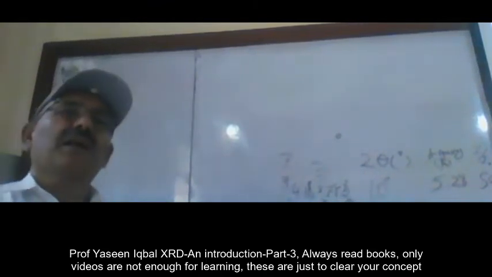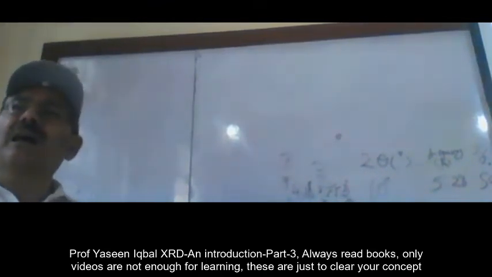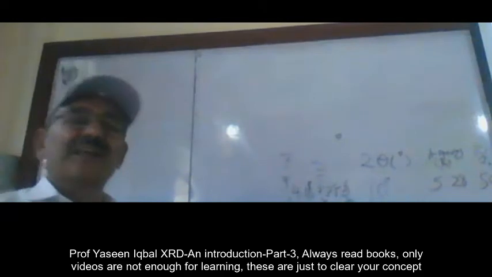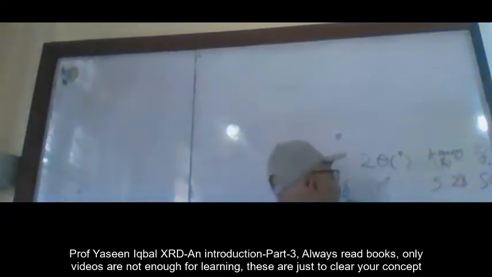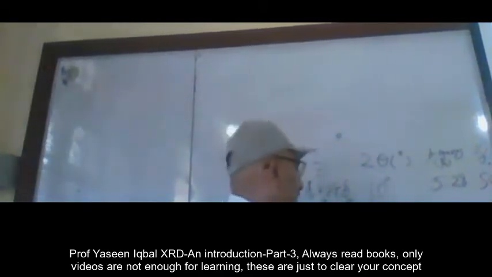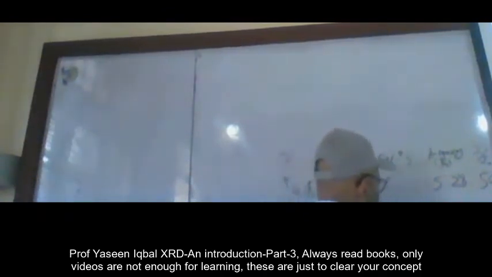If you are using copper K-alpha radiations, then in the XRD, around 33 you will see 3.34, for example. Similarly, at 40 you will get 1.19.